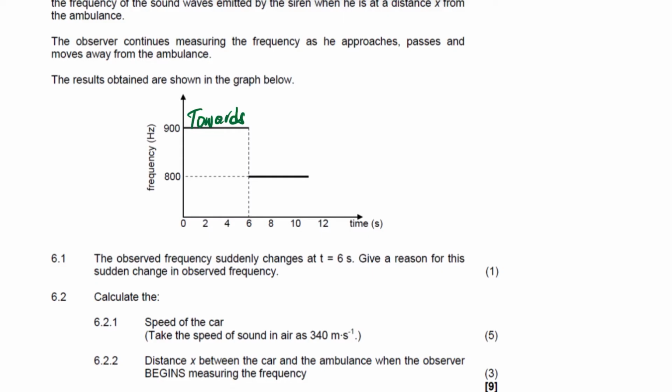The listener was going towards the ambulance, and then after 6 seconds there was a decrease in frequency. Then it became what? 800. So that means that this is the frequency when the listener was moving away from the ambulance. So this is the frequency of the listener while it was moving towards, and this is the frequency of the listener when it was moving away, right?